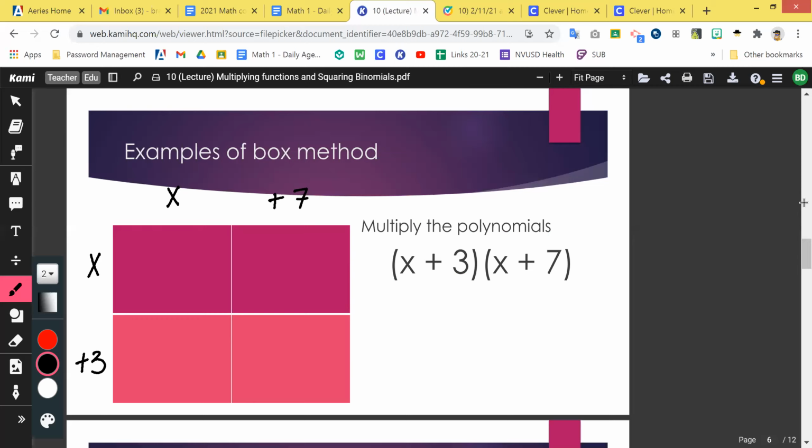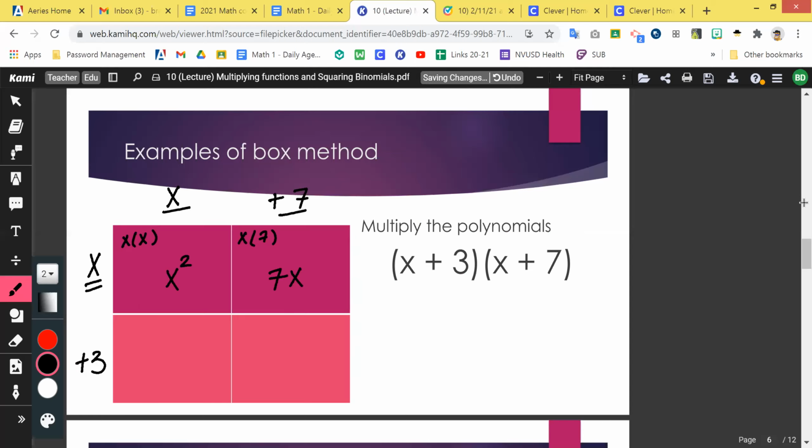So top left is going to be top times left. That's x times x. And remember from the slide we talked about earlier, x times x is x squared. Okay, now we move on. Top right, x times positive 7. And that's positive 7x.